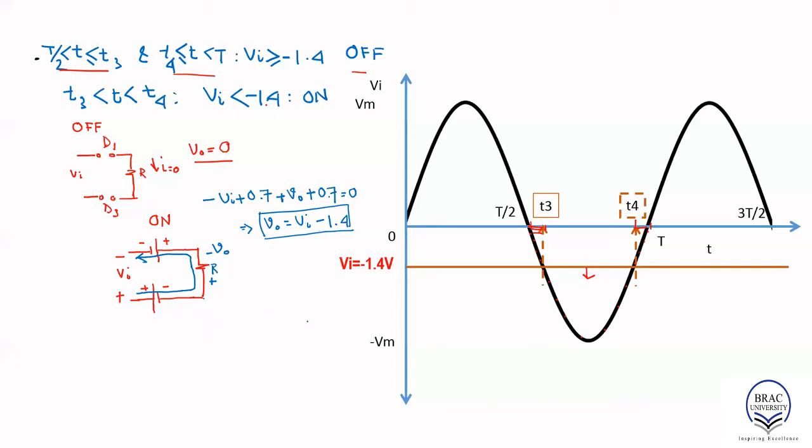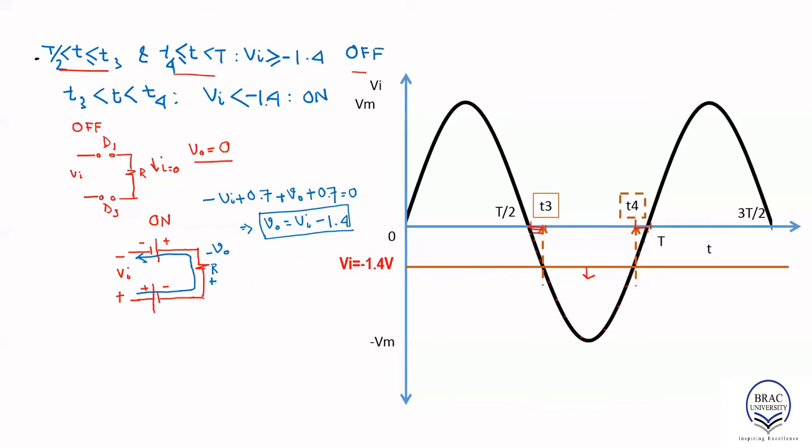So this is the relationship between, since we have already selected, we already know the polarity, it's negative half cycle. So all we are going to consider here is a magnitude. So V naught is equal to Vi minus 1.4. So then now it's going to draw the circuit.